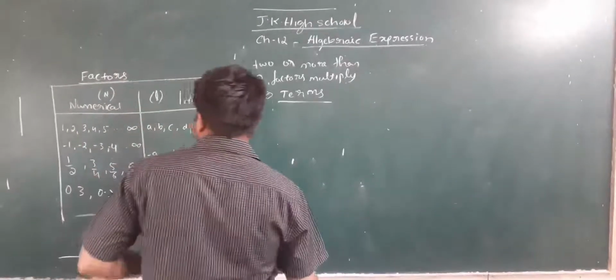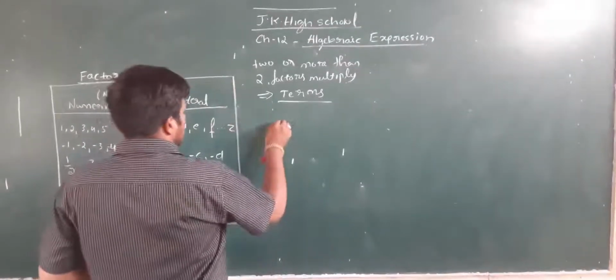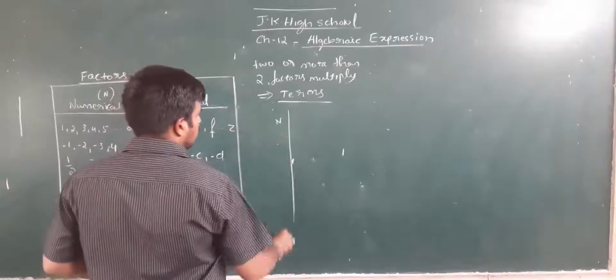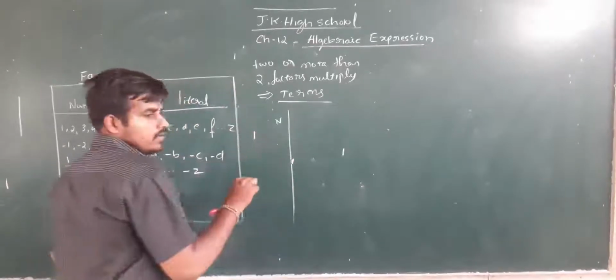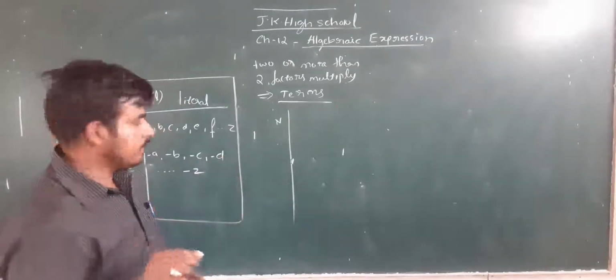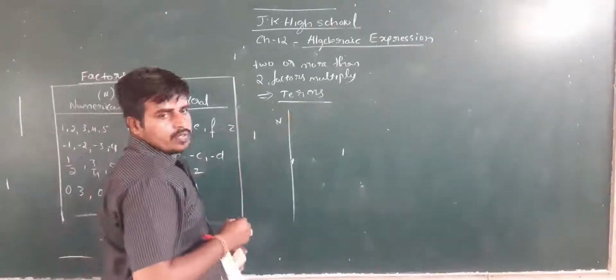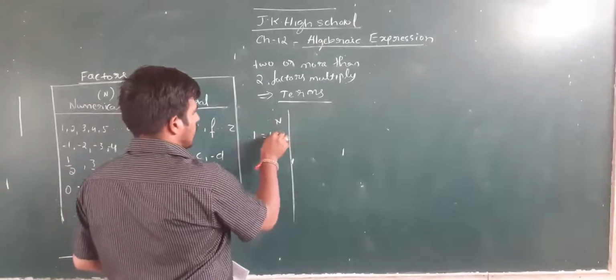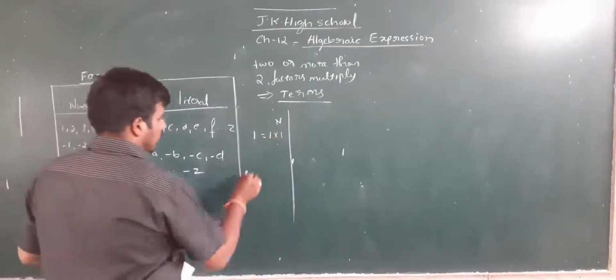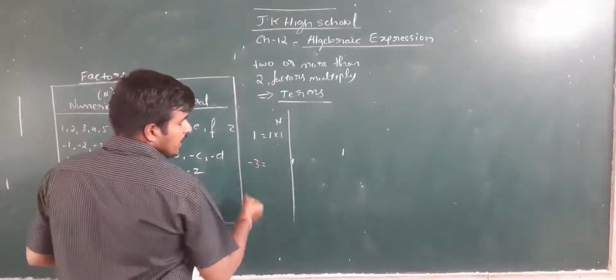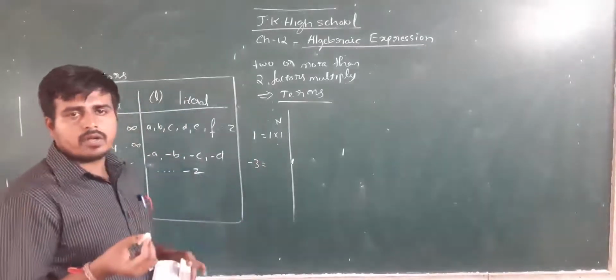First I will try to write numbers, only numbers. Say 1. 1 is also a term because 1 can be expressed as 1 into 1. Right? Let's say -3. -3 can also be called a term.